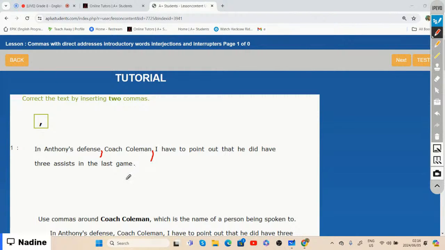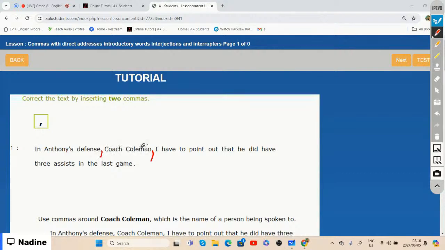So which means that we are making mention of Coach Coleman, right? But now we are separating that word, Coach Coleman, from the rest, right? So we are basically using commas around the name Coach Coleman, which is the name of a person that is being spoken to.